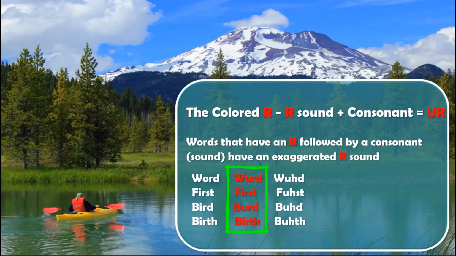Word, first, bird, birth. Whereas in England, they would say wad, fust, bud, and instead of birth, bath, the birth of the child. And in American English, it is the birth of the child.